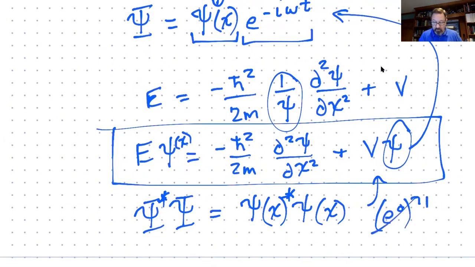And so it's a little bit easier to solve this equation than solving for this guy in the total Schrodinger time dependent wave equation. And so that's what we do.